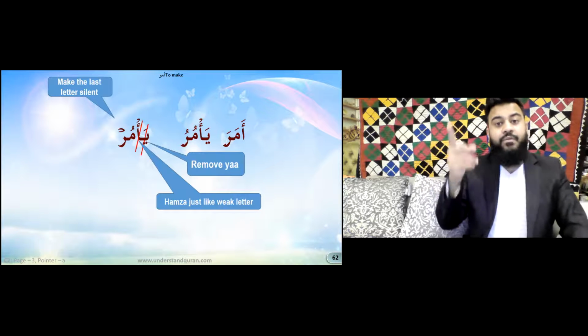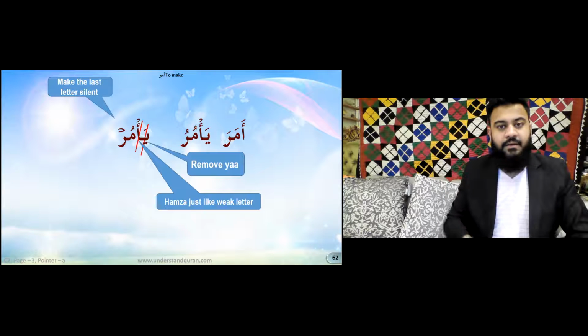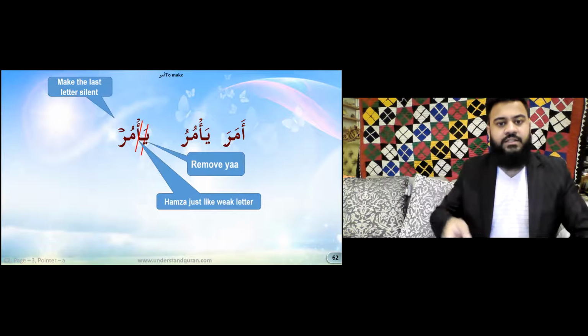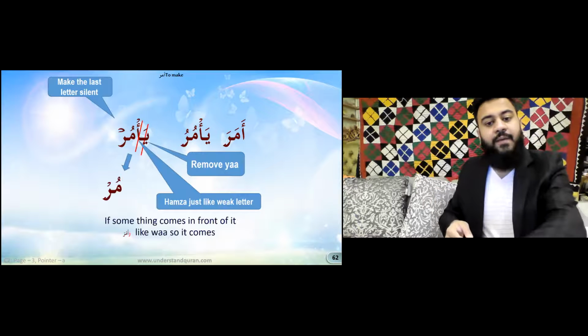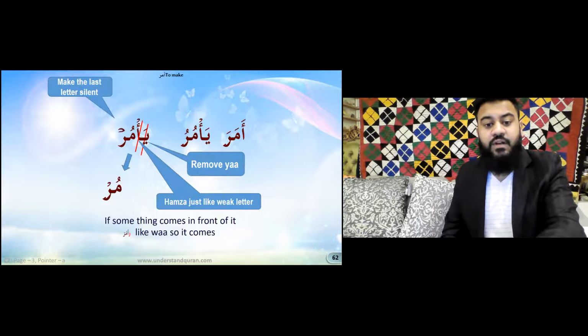And step number 3, we make the last letter silent so that it's a very hard command. You know exactly when it finishes. So, ya'muru turns into mur. If something comes in front of it, like wa, it would become something else. So wa'mur.